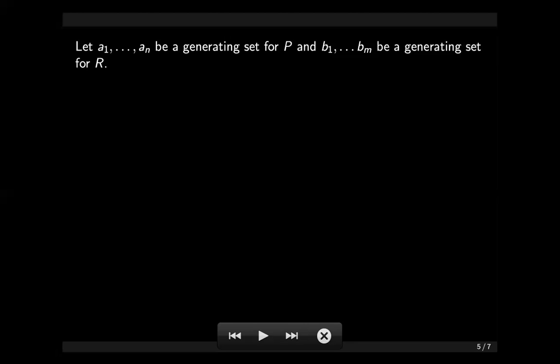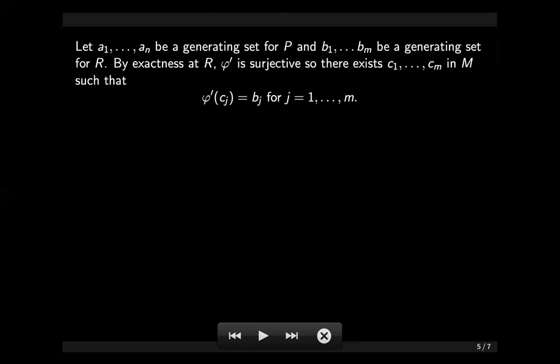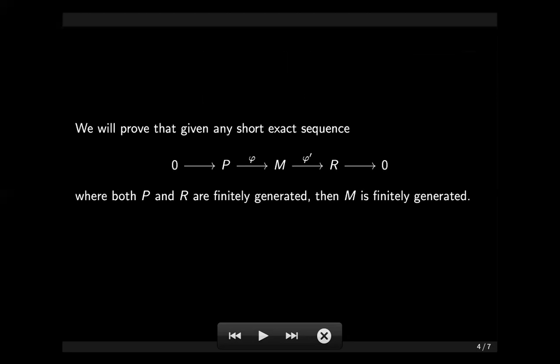So since P is finitely generated and R is finitely generated as K modules, we're going to let A1 through AN be a generating set of P, and B1 through BM be a generating set for R. By exactness at R, phi prime is surjective, so there exist C1 through CM in M such that phi prime of C sub j is equal to B sub j for all j from 1 to M. So essentially all we're saying here is that since we are exact here, that forces phi prime to be a surjective morphism.